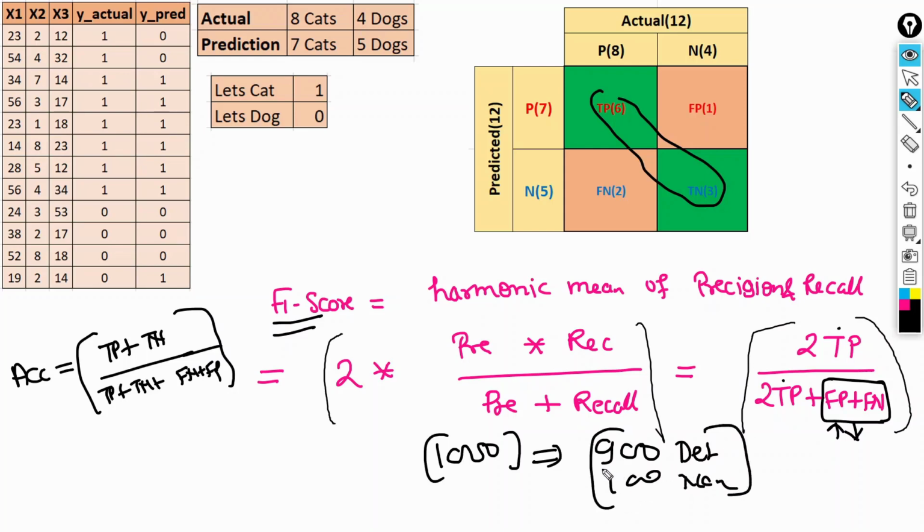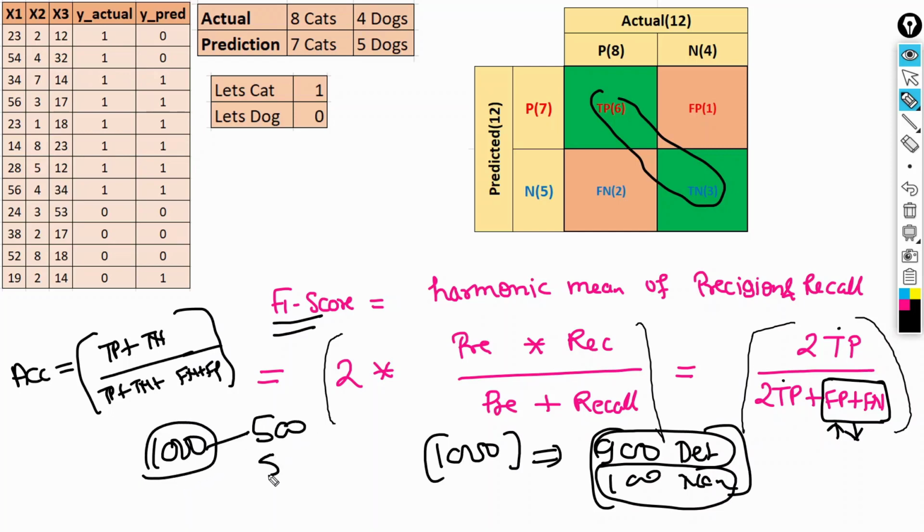So both classes are imbalanced, meaning not properly distributed. In a balanced data set, out of 1000 we will have probably 500 positive and 500 negative, or 600 positive and 400 negative. This type of balance we will have in the classification.